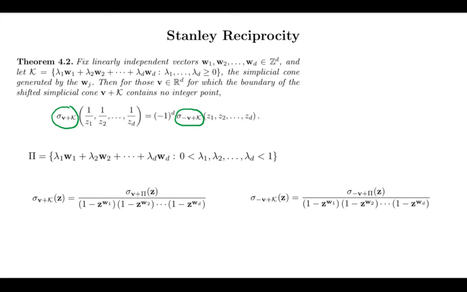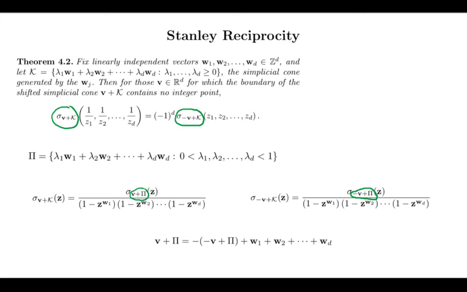So in both cases, either shifting by v or by negative v, we will get a rational function with the fundamental parallelepipeds shifted by the same kind of vector. And then in the denominator we have products of 1 minus z to each generator. And now the geometry behind this reciprocity theorem is this relation.